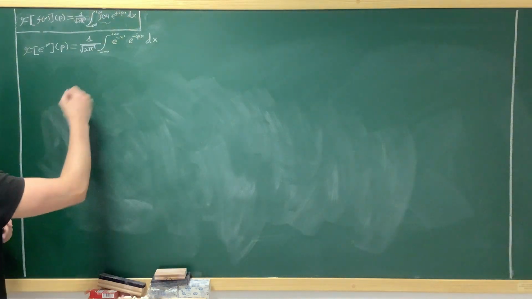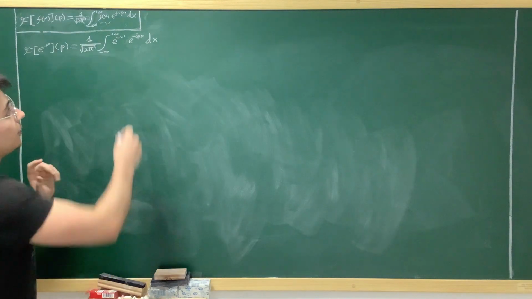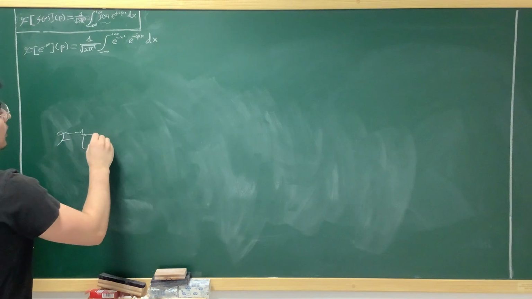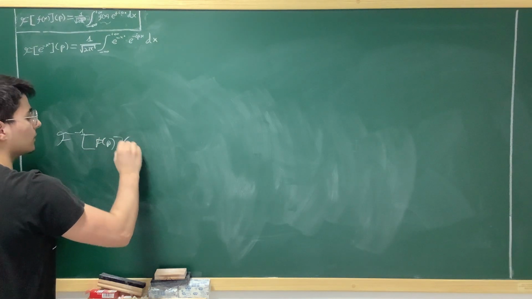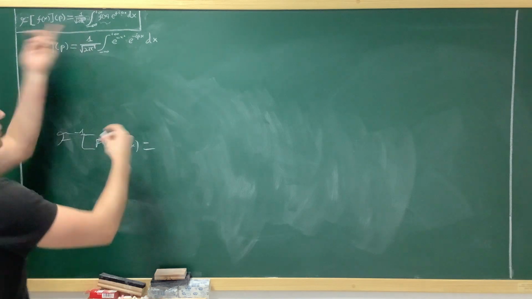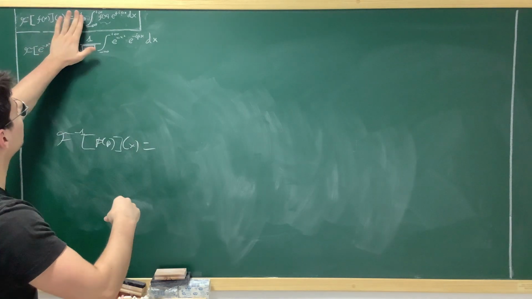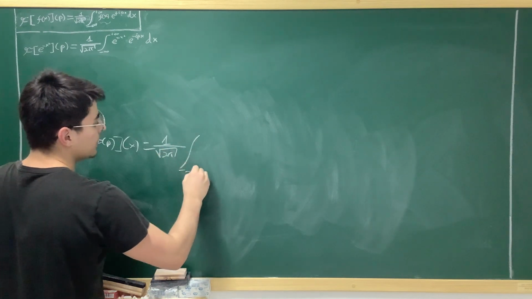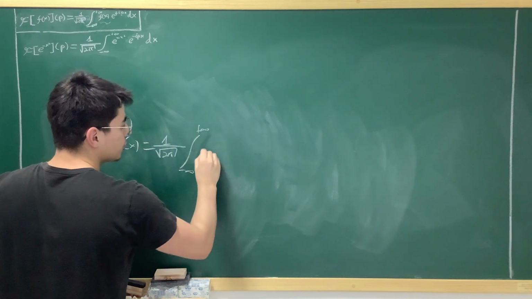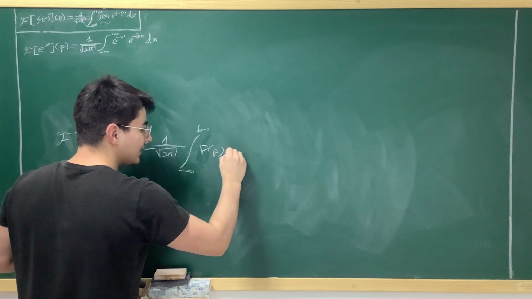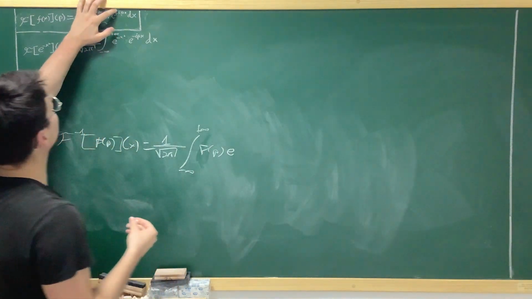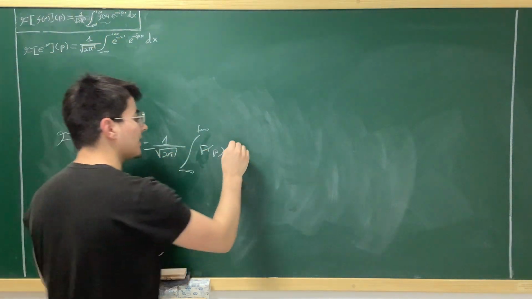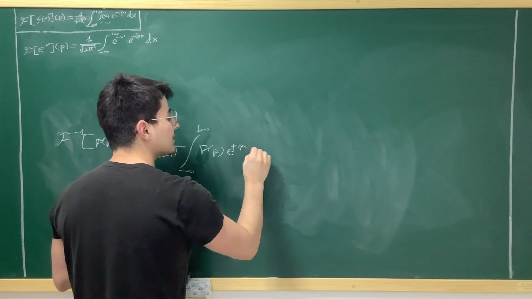In that case, the inverse Fourier transform will have a different form, but let me just explain it real quick. F of p becomes a function in x, so let's write this here again: 1 over the square root of 2 pi, integral from minus infinity to positive infinity of my function of p, and if we use the definition I said with a minus here, we will have a plus, e to the ipx dp.